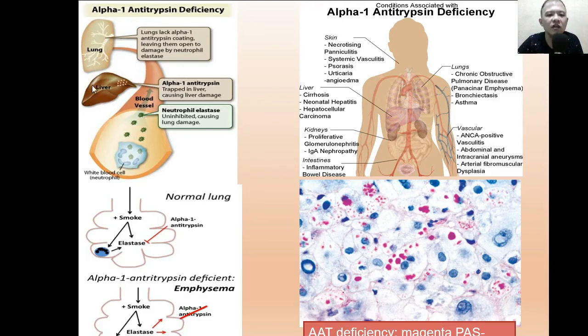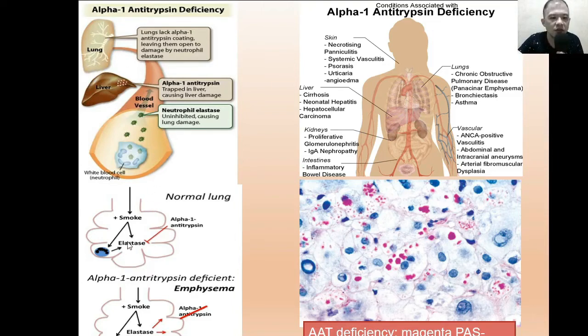Therefore there is no production of antitrypsin that will coat the lungs to combat emphysema. So the liver is already exhausted with antitrypsin. The antitrypsin cannot go out, causing cirrhosis again in the liver.